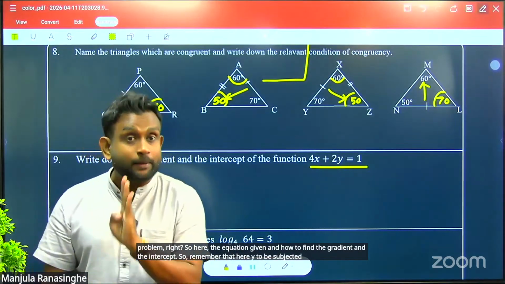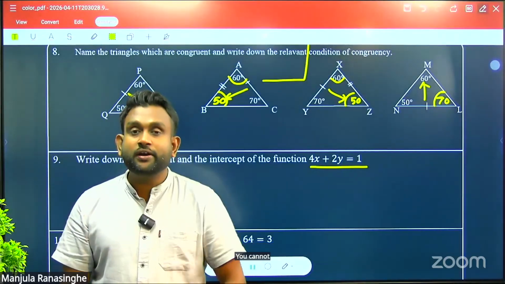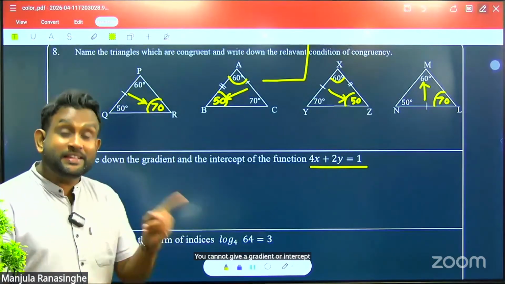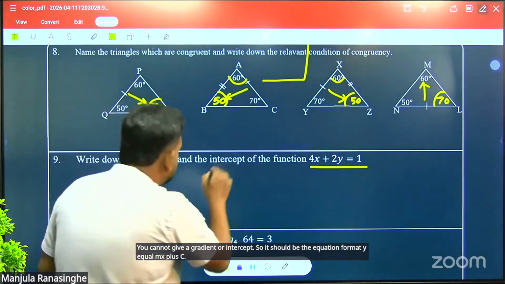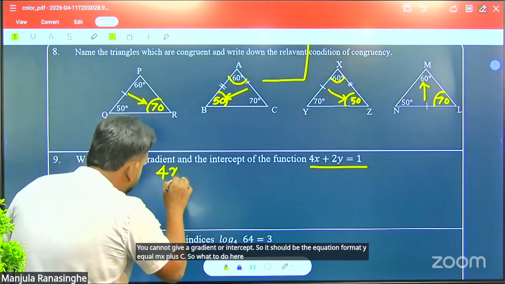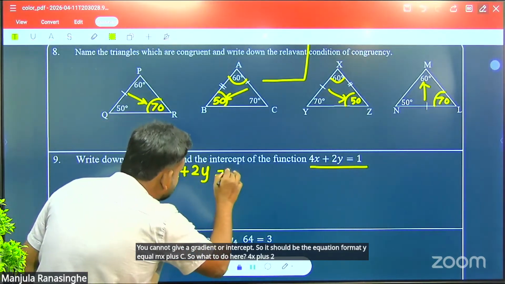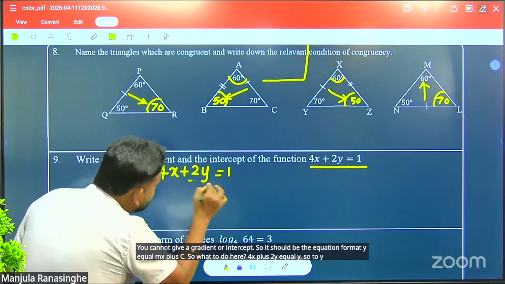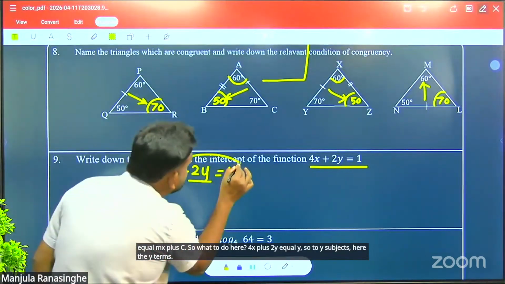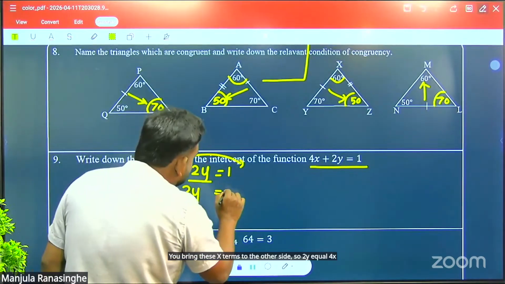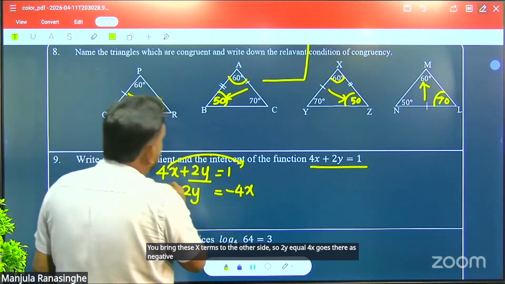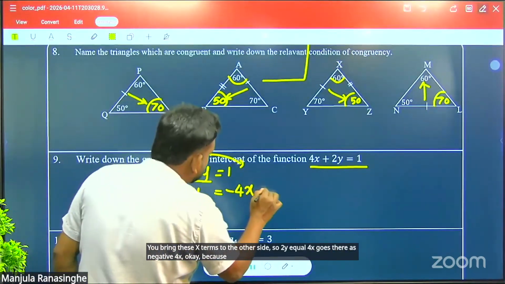Unless y is the subject, you cannot give a gradient or intercept. The equation should be in the format y equals mx plus c. So what do we do here? 4x plus 2y equals 1. To make y the subject, you bring the x term to the other side. So 2y equals negative 4x, because the sign changes, plus 1.